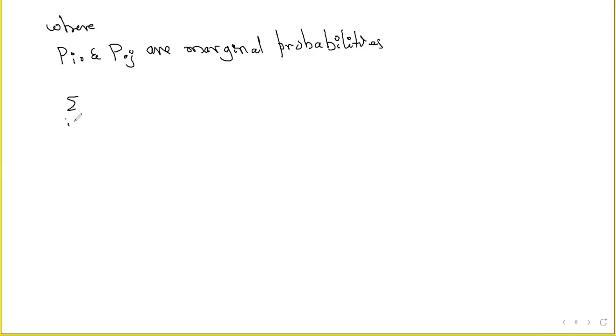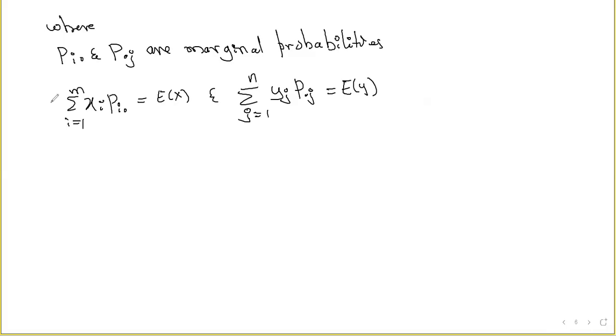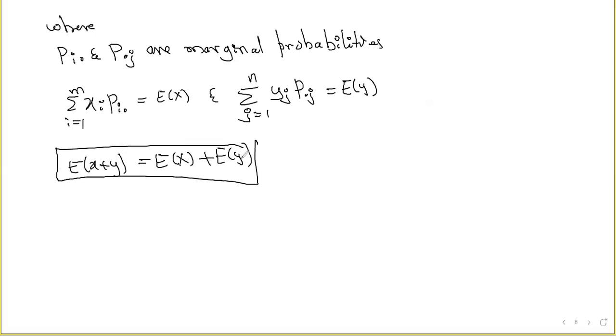Summation i running from 1 to m xi p i dot is expected value of x, and summation j running from 1 to n yj p dot j is expected value of y. So earlier the left hand side, expected value of x plus y, is equal to expected value of x plus expected value of y. This is the proof of this theorem.